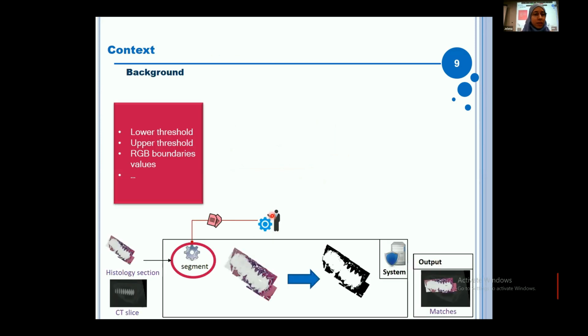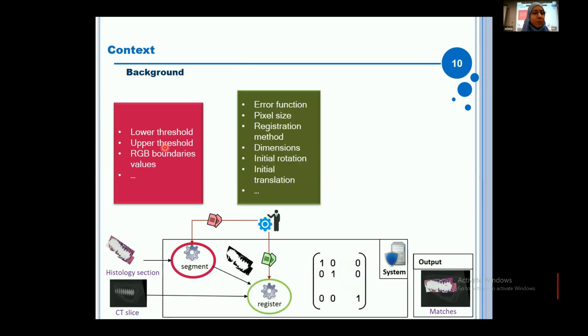After explaining the data characteristics, I'm going to explain the registration process. The system first takes the inputs and segments them. In this step, the user manually provides some relevant information, such as the lower and upper threshold. In the second step, the system registers the two pre-processed inputs to compute the transformation matrix.